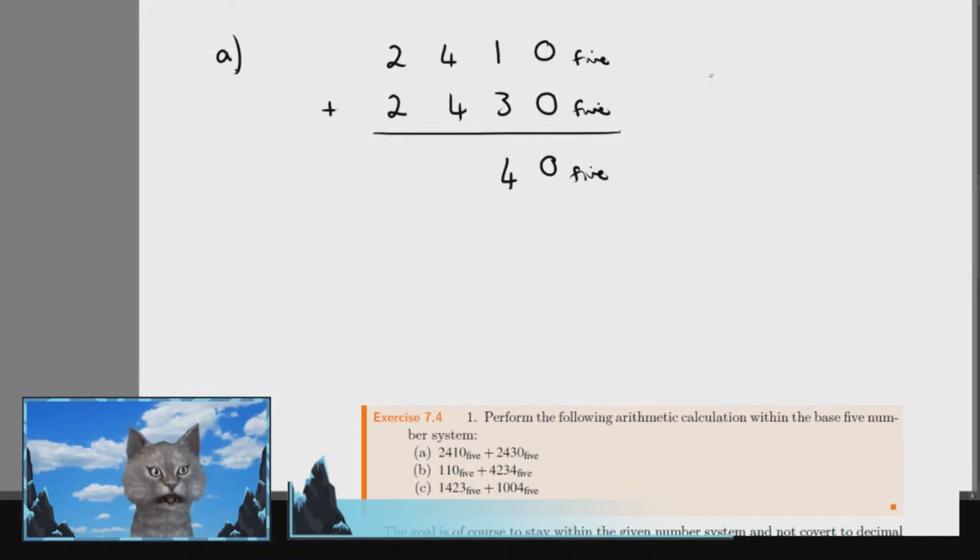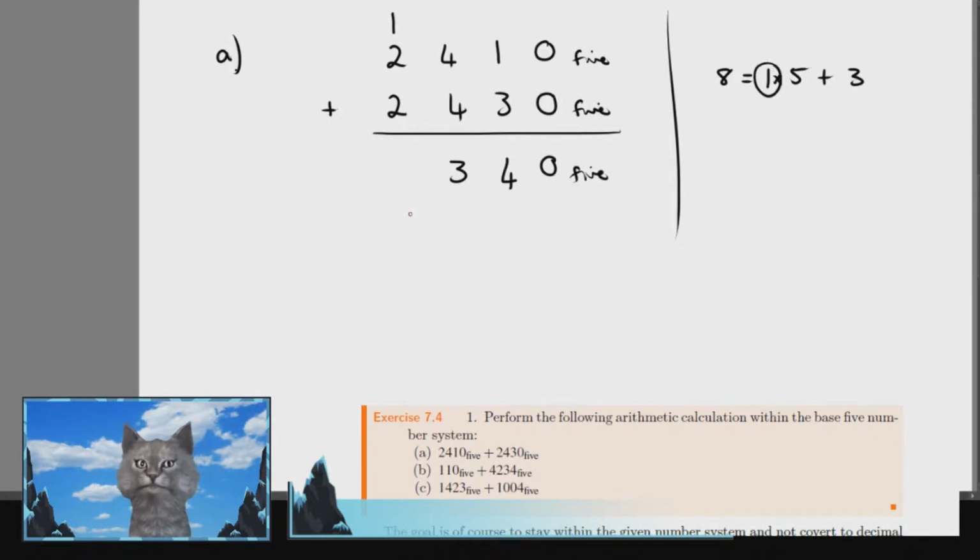As soon as I have an 8, I do it on the side here. It's one group of 5 plus 3. So the 3 stays, and I make a group of 5 carried over there. Then I have 1 plus 2 plus 2. That's 5.